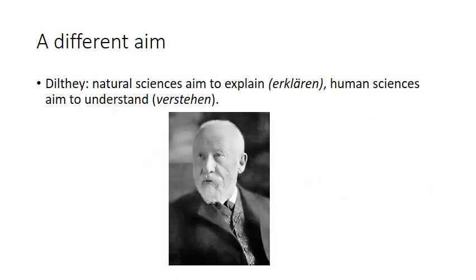And because of the major difference between these study objects, according to 19th century philosopher of science Dilthey, both families of science also have a very, very different aim. According to Dilthey, the natural sciences aim to explain, what he calls erklären, while the human sciences aim to understand, what he calls verstehen.